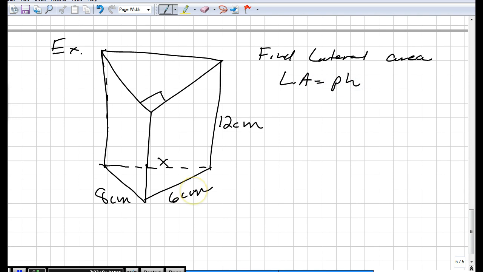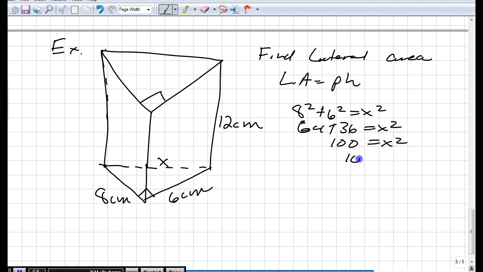So we need to know what the perimeter is, so we need to find what x is. So because these are right triangles, we can just use Pythagorean theorem. So 8 squared plus 6 squared equals x squared. So 64 plus 36 equals x squared. 100 equals x squared. So 10 equals x.